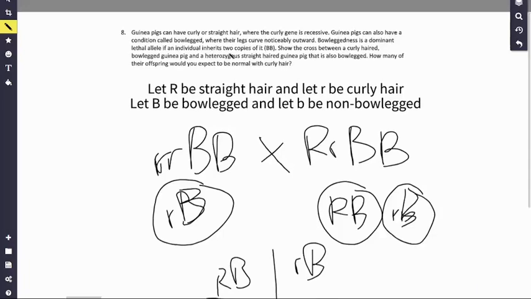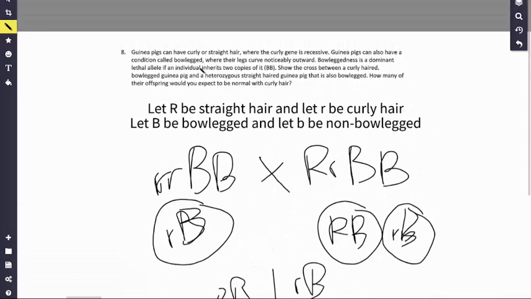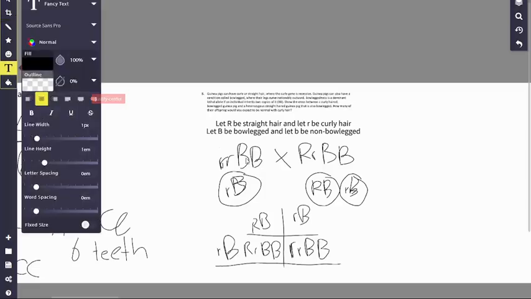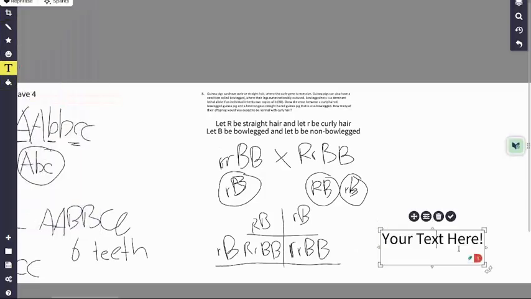So they asked us normal with curly hair. Curly was recessive. Okay, now let's do the answer. They cannot produce a single normal guinea pig.